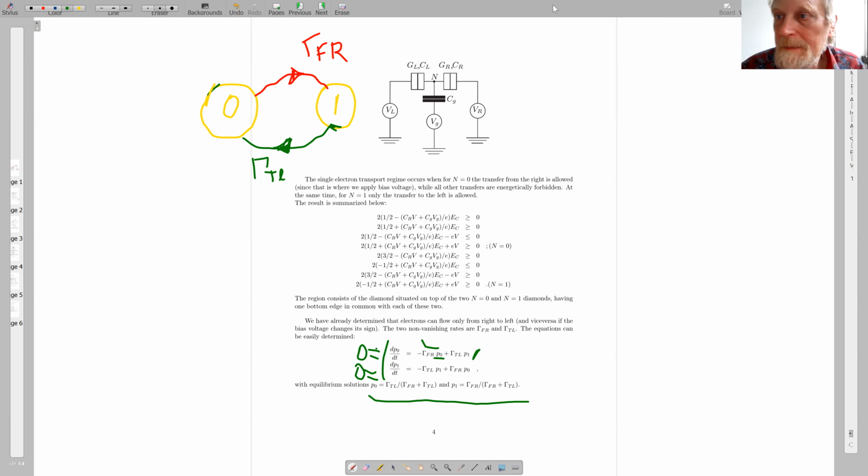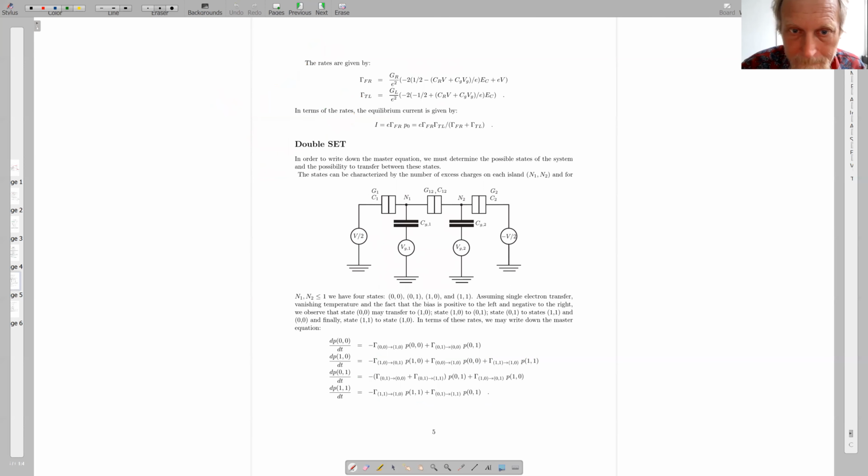Okay, let me go on. The rates are expressed through conductances, and what one finds here is basically a corresponding energy difference.